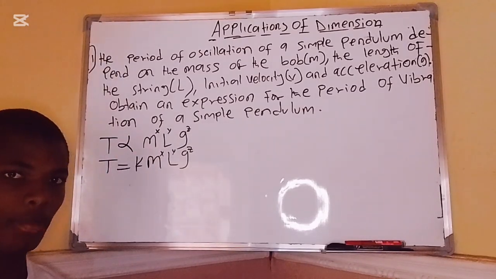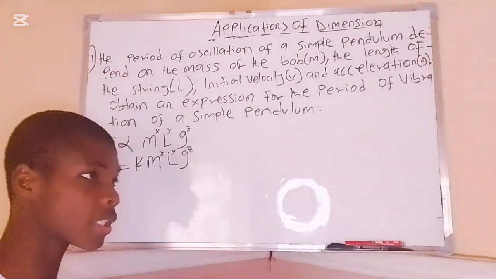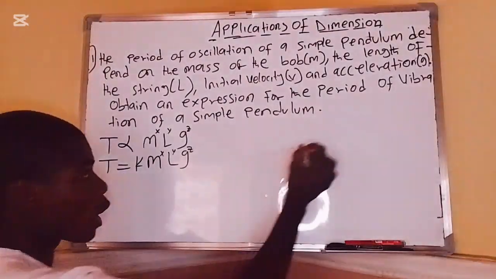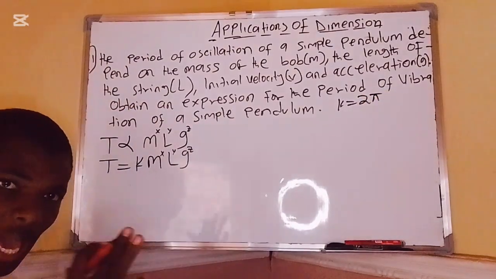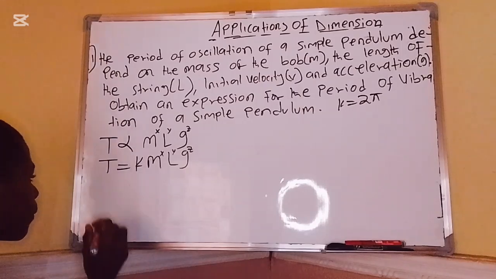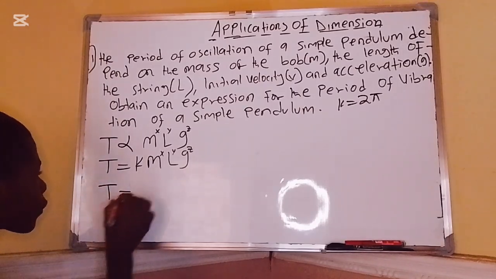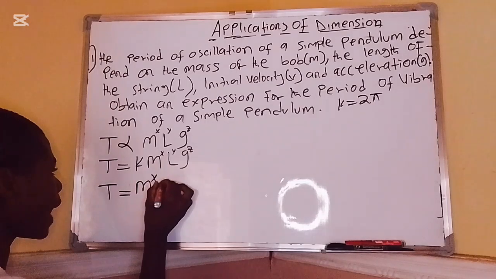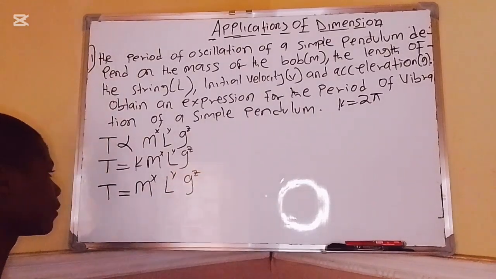Because of proportionality. I know that I will take away the K, but for now, assuming K is the same thing as 2 pi, from the experiments. So therefore T should now be equal to m^x L^y g^z.